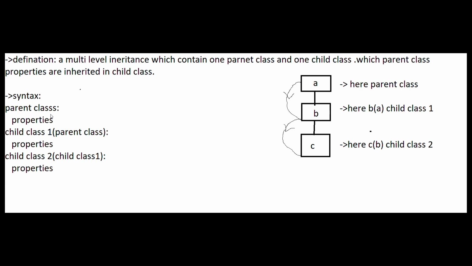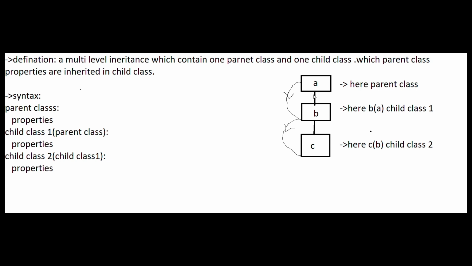Coming to the block diagram, there are three classes in total: one parent class, another is child class 1, and another is child class 2. Let us assume the parent class is named A, child class 1 is named B, and child class 2 is named C. The properties of parent class A are inherited into child class 1.